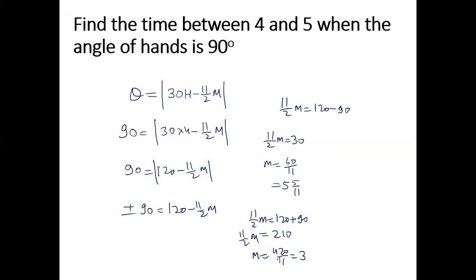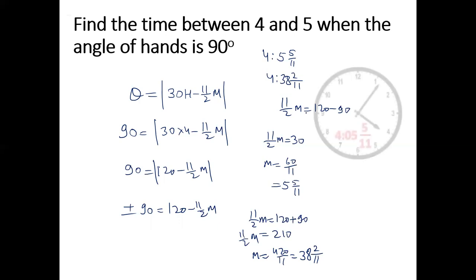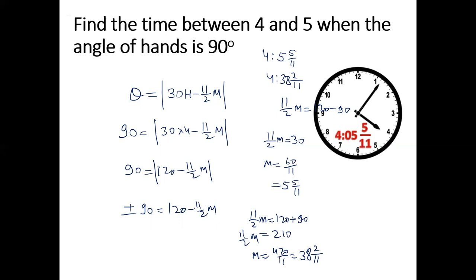11 3s are 33, 11 8s are 88, so it is 38 and 2 by 11. So there are 2 times when the angle is 90 degree between 4 and 5. One is 4:05 5 by 11, and the second instance is 4:38 2 by 11. And let's see the time on the clock. The first one is this, 4:05 5 by 11. The angle between the two hands is 90 degree.